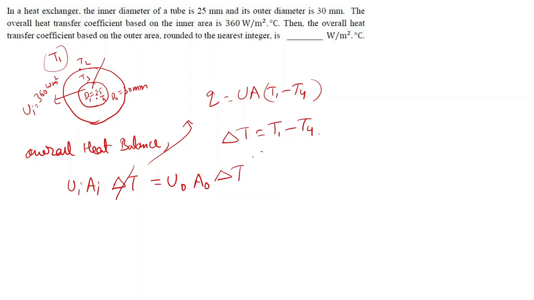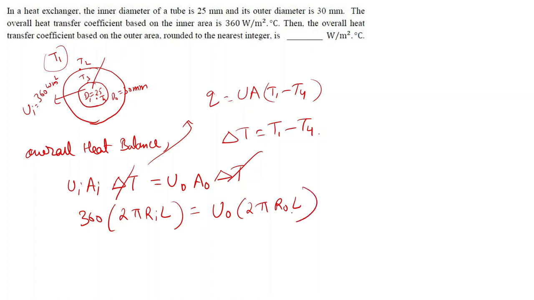Now this delta T we can cancel it out. UI we have been given as 360. AI we can write it as 2 pi inner radius Ri into L is equal to U naught we have to find into 2 pi R naught into L. 2 pi L will get cancelled out and we will get U naught is equal to 360 into Ri upon R naught.